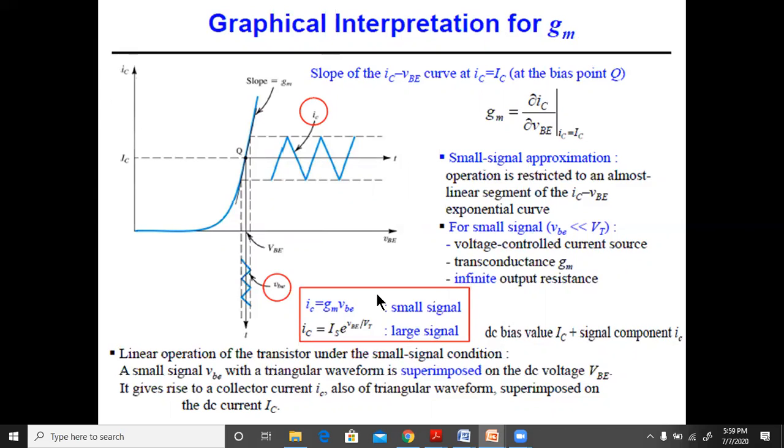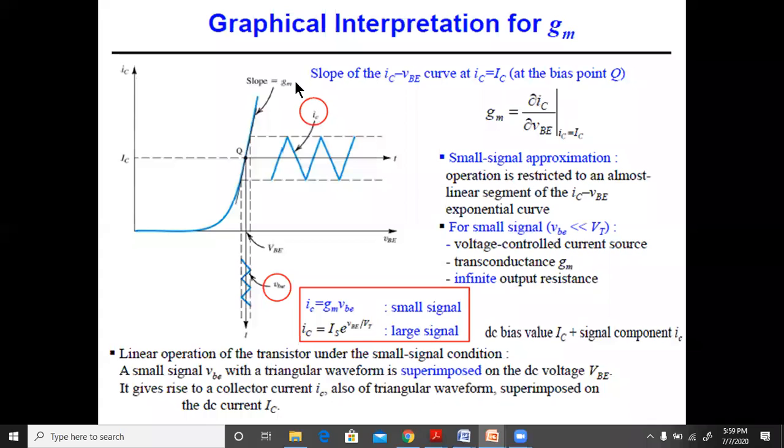The transfer characteristic here is IC versus VBE. VBE is the instantaneous input voltage, and IC is the instantaneous output current. In the graph, we are considering both as instantaneous values.